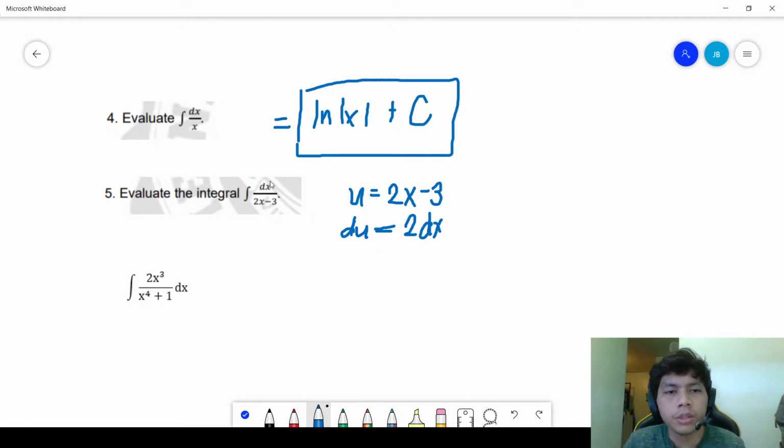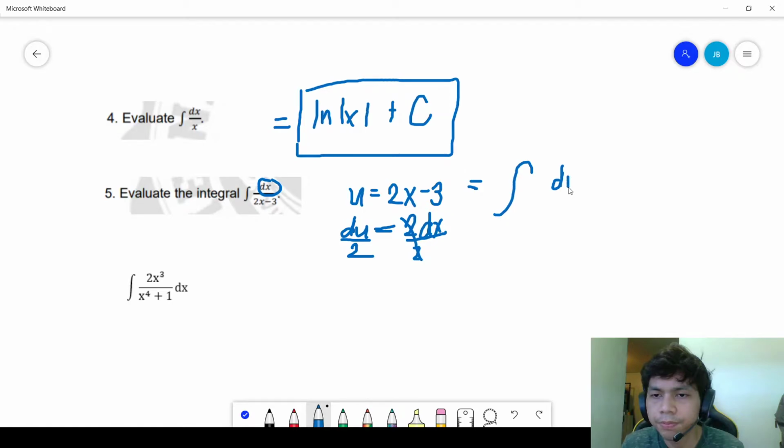So you're going to change the dx here into du over 2, since dx is equivalent to du over 2. So change all the given to u. So dx again is equivalent to du over 2, and your u is 2x minus 3.